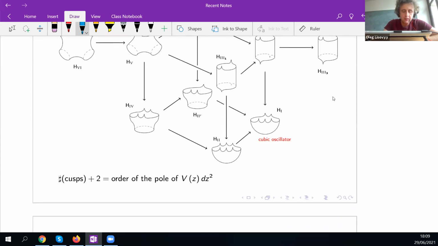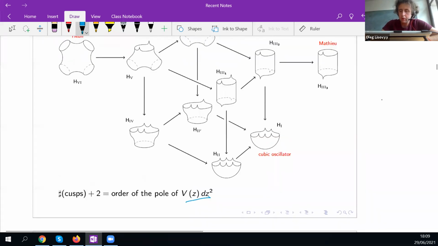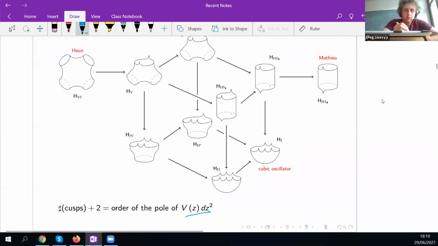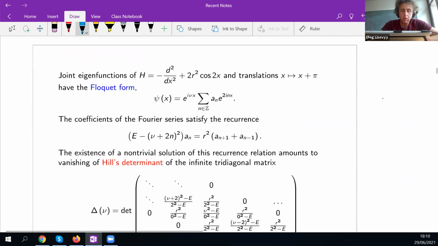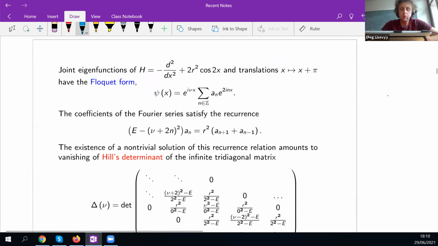It suffices to say that the holes on the surfaces correspond to singularities of the equation, and the number of cusps is essentially the order of the pole of this quadratic differential -2. We have here the usual Heun for 4 regular singularities. We have the cubic oscillator, the quartic oscillator here, and so on.